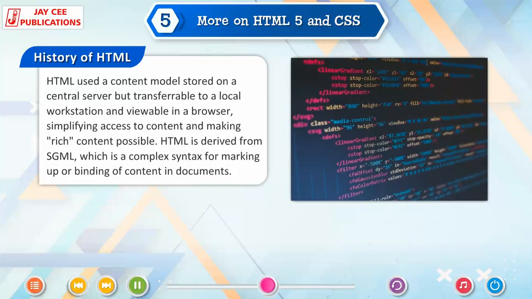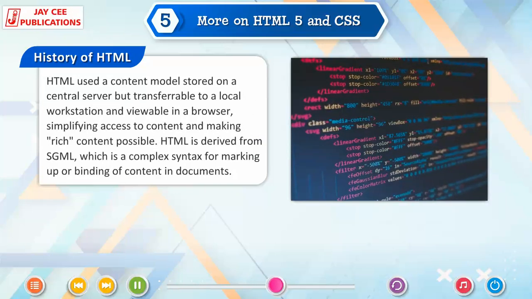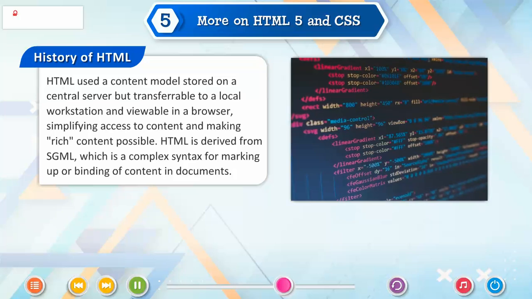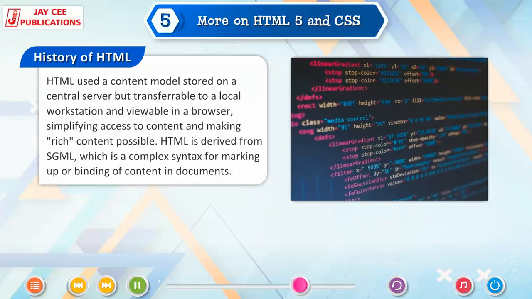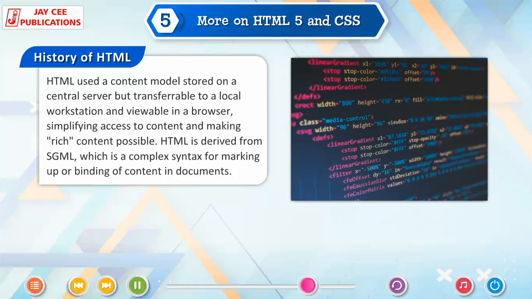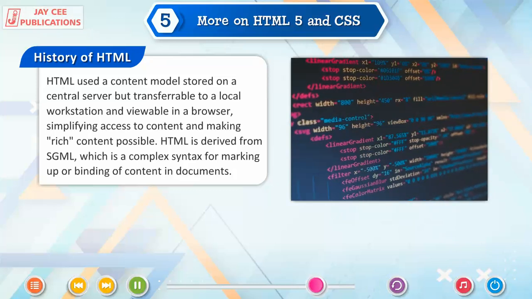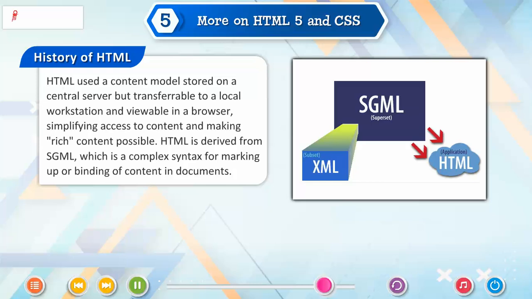HTML used a content model stored on a central server but transferable to a local workstation and viewable in a browser, simplifying access to content and making rich content possible. HTML is derived from SGML, which is a complex syntax for marking up or binding of content in documents.